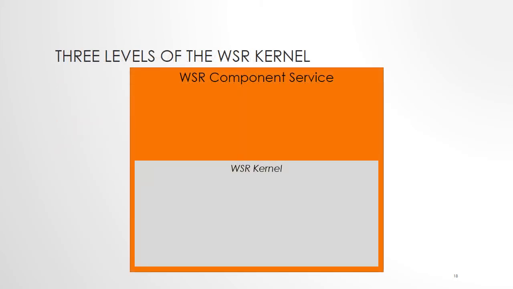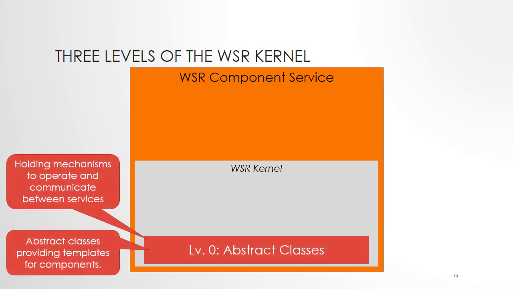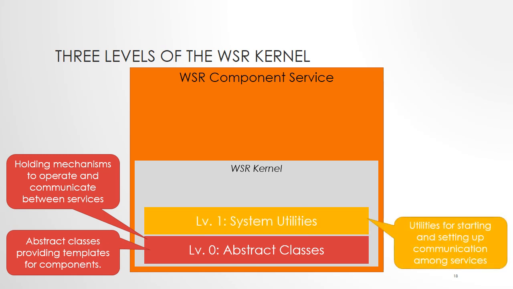The kernel is organized into three levels. The bottom level contains abstract classes that provide templates for components. These classes also contain mechanisms to operate and communicate between services. The middle level of the kernel contains utilities for starting up and setting the communication among services in a web sensor retrieval system.